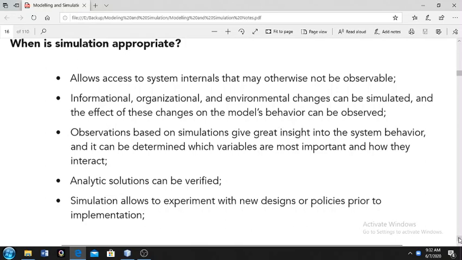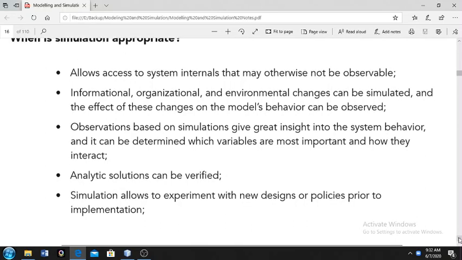Observation based on simulation gives great insight into the system behavior, and it can be determined which variables are most important and how they interact. Analytic solutions can be verified. Simulation allows you to experiment with new designs or policies prior to implementation.